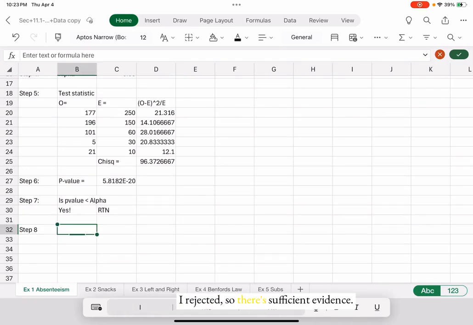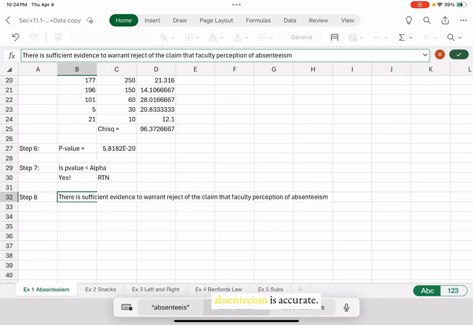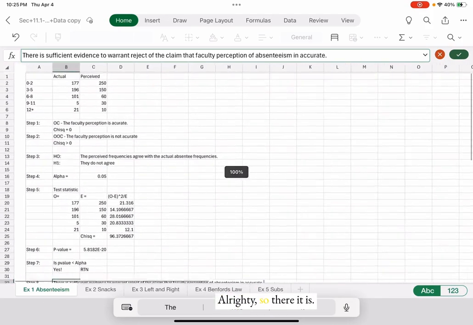I reject it, so there's sufficient evidence to warrant rejection of the claim that faculty perception of absenteeism is accurate. Alrighty, so there it is.